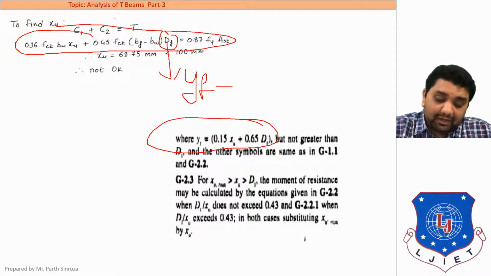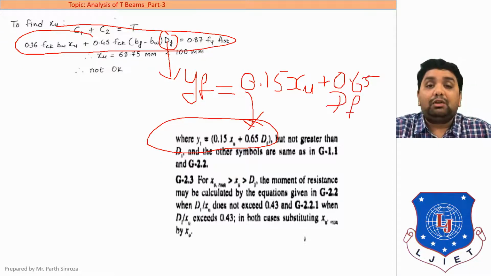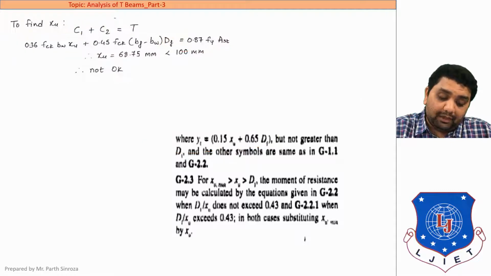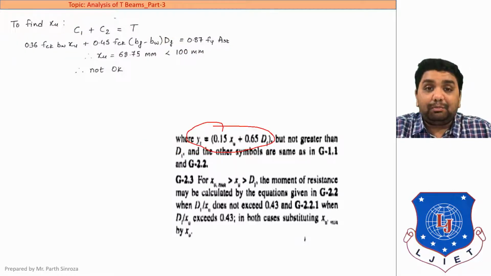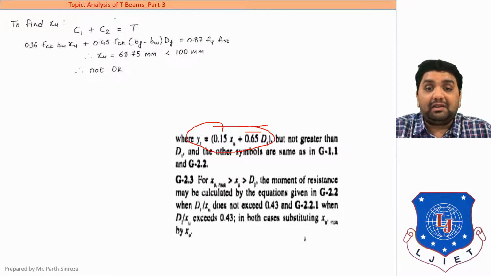And in the case of YF, we will mention this equation. That is, now YF will be equal to 0.15 XU plus 0.65 DF. As XU is unknown, it will be a variable, and DF is given in the question as 100.